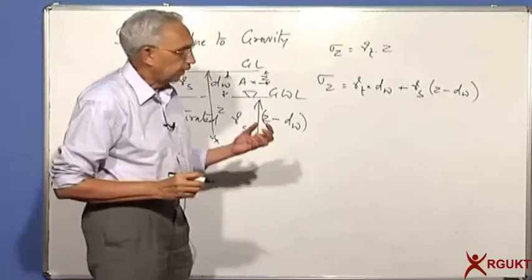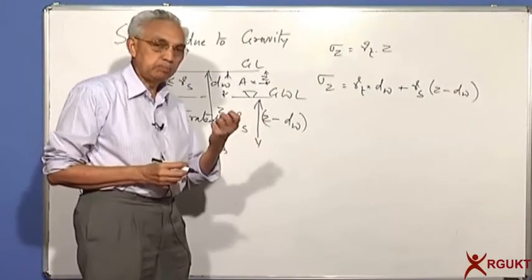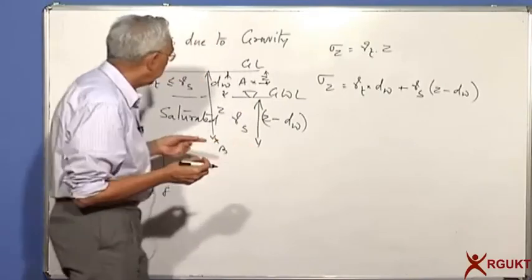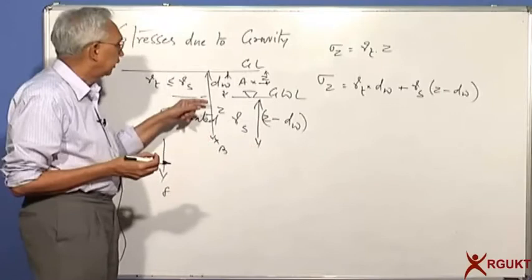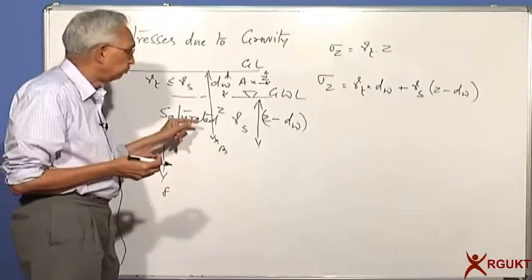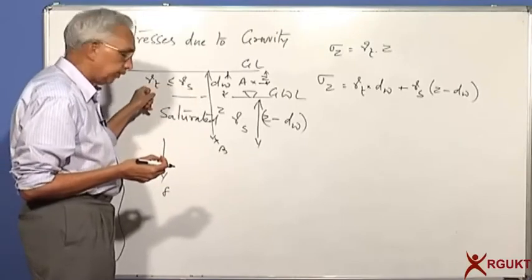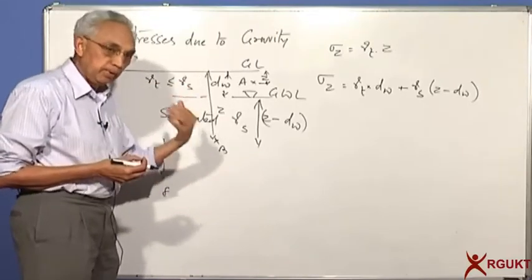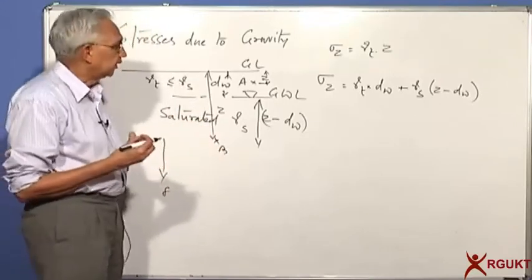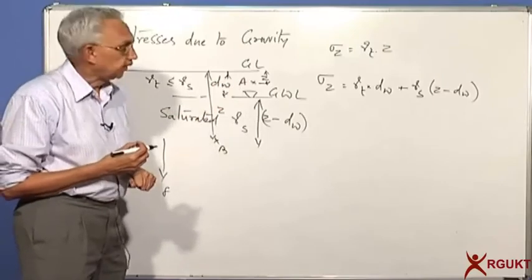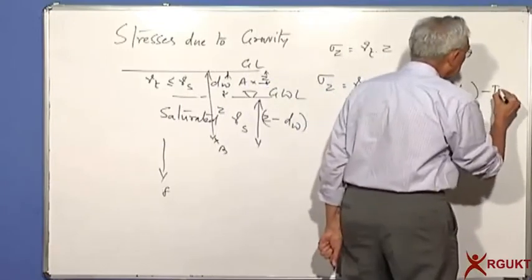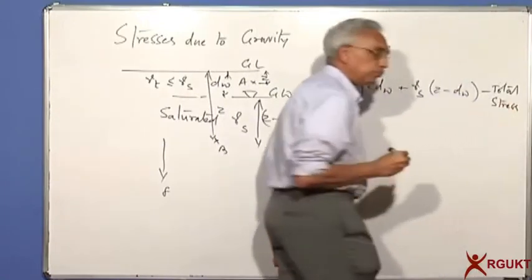All we are doing is calculating the weight of the soil per unit area with respect to the depth of the point. And the point here is below the water table, and the unit weights are different above and below the water table. Above the water table, it is gamma total, which may be equal or less than gamma saturated, but below the water table, all the soils are saturated, so we should take the saturated unit weight. So this will be our total stress at the point B.